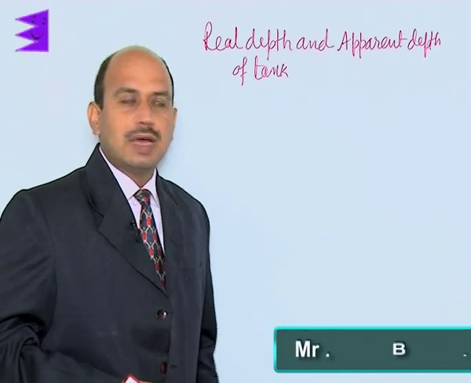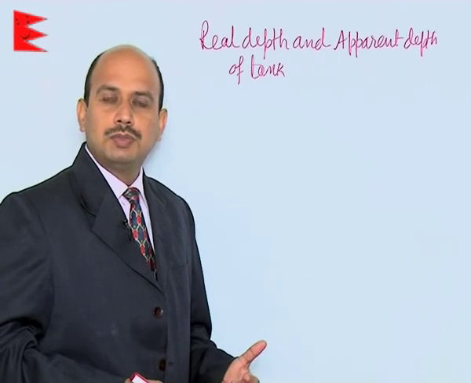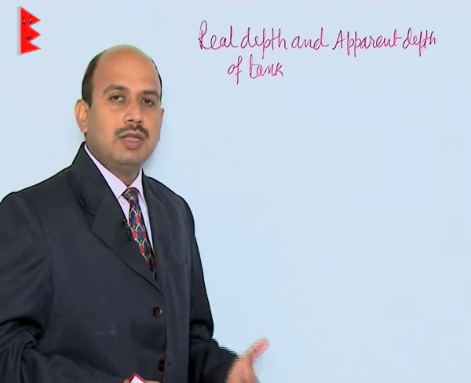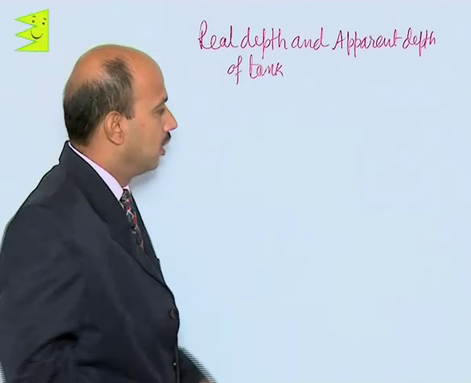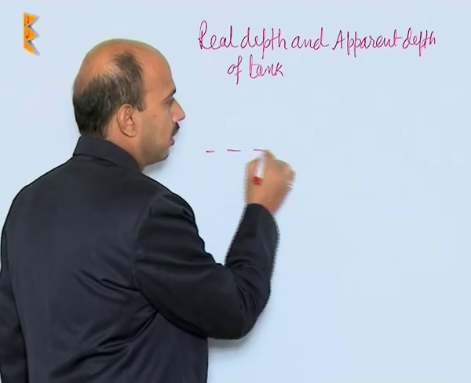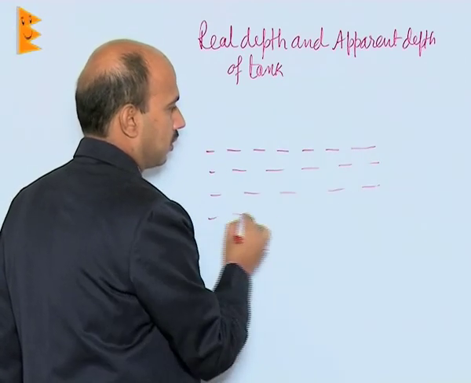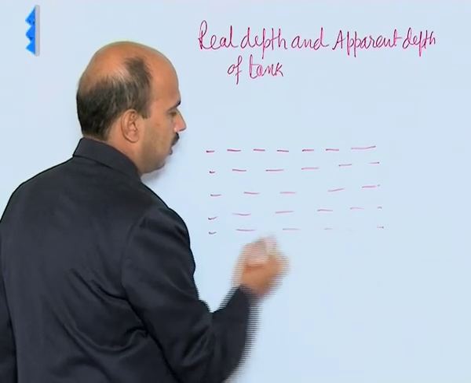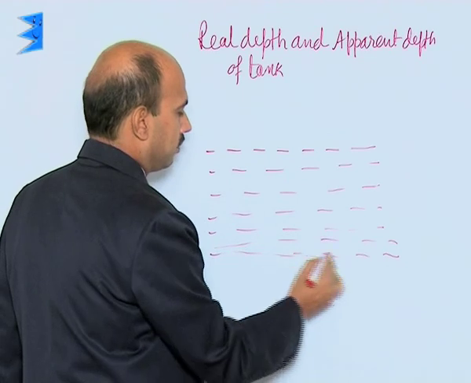Now, see another example of real depth and apparent depth. Previously we did the normal viewing of an object lying inside the denser medium, inside the water. Now, we will see oblique viewing of the object. We are looking at the object obliquely. Suppose this is water, and the object is lying somewhere here.